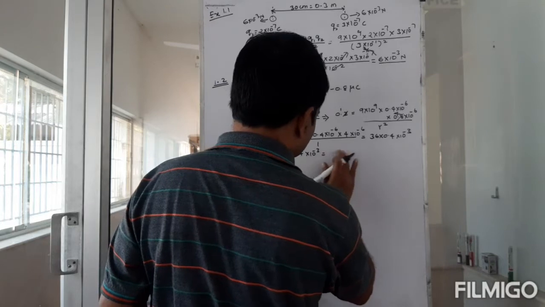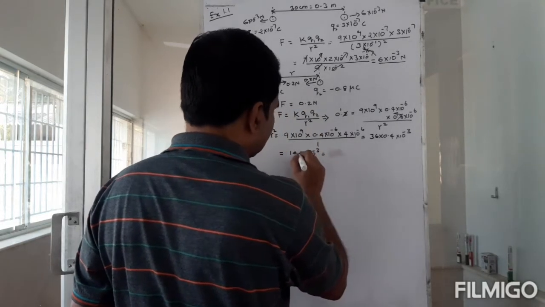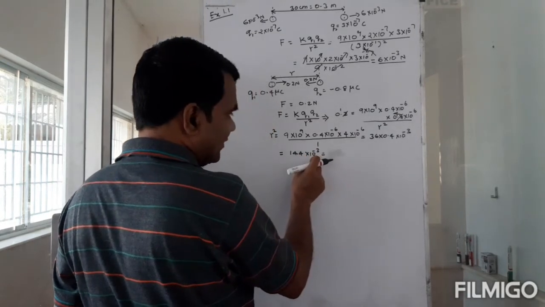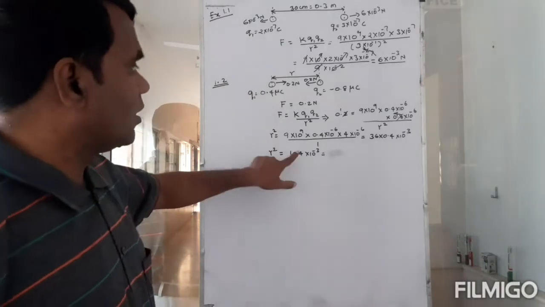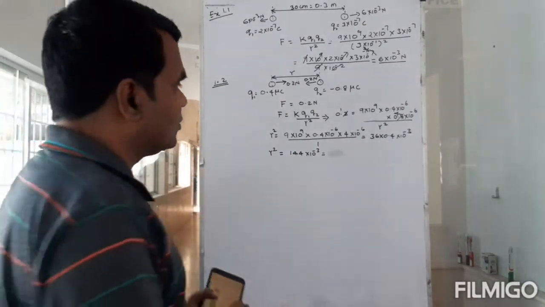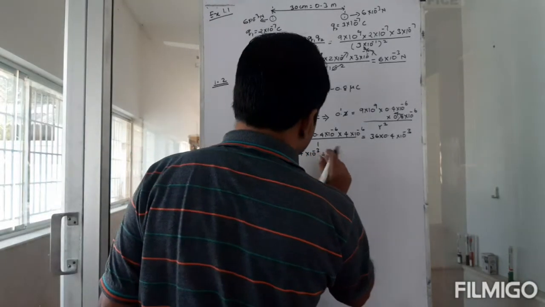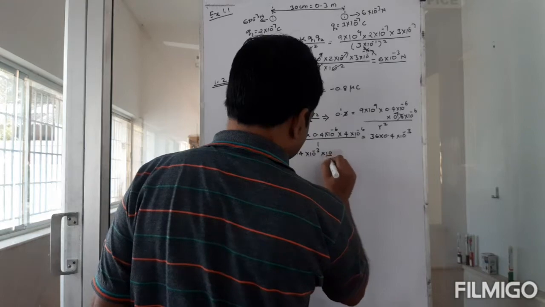Instead of doing it that way, what I'm going to do now is something else. 14.4, okay? I'll multiply this by 10 and divide it by 10 because I've got r squared. I know the square root of 144 is 12, but I got only 14.4. So I'm going to multiply this by 10 and divide this by 10.